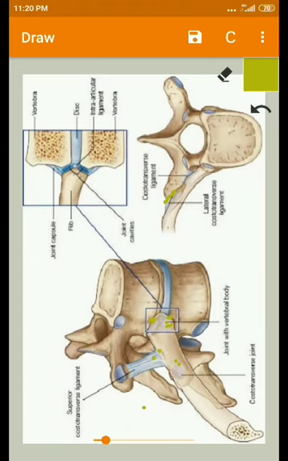If you consider the second rib, for example, from its neck, this is the anterior layer of the superior costotransverse ligament. It stretches from the crest of the neck of that rib to the lower part of the transverse process present above it.